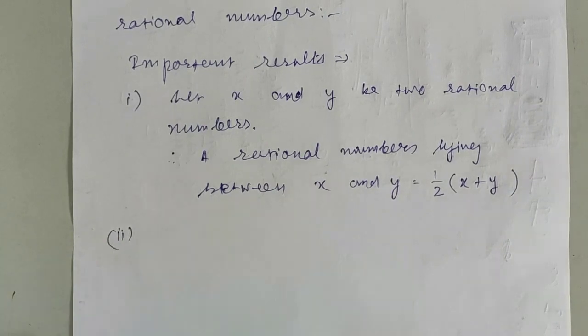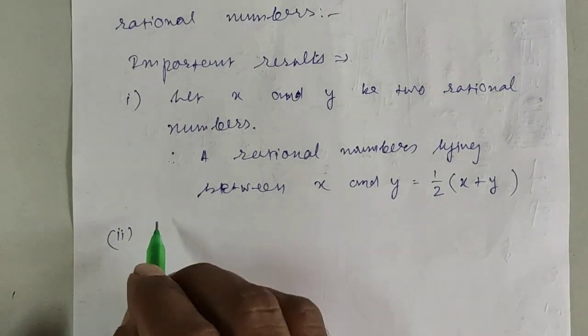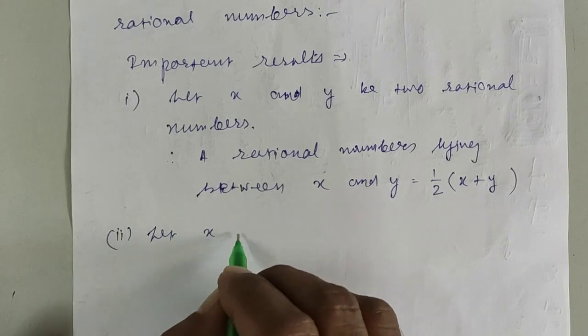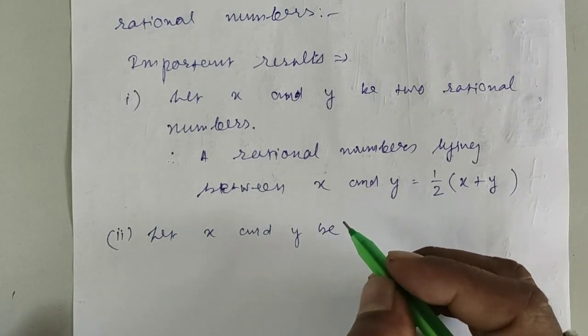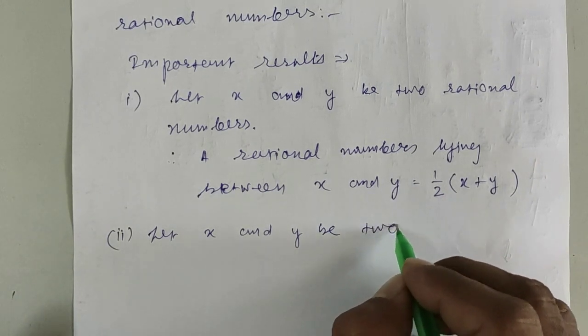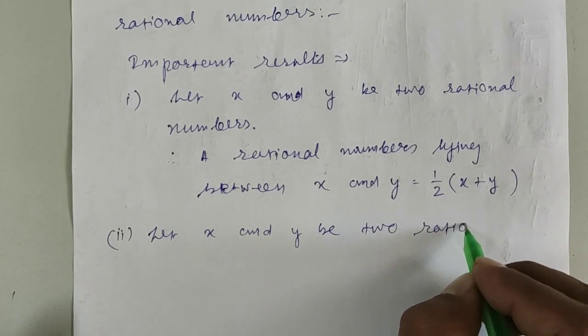Result number 2. Let x and y be two rational numbers.